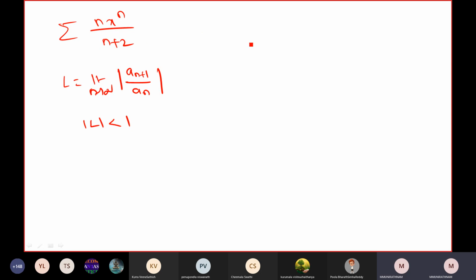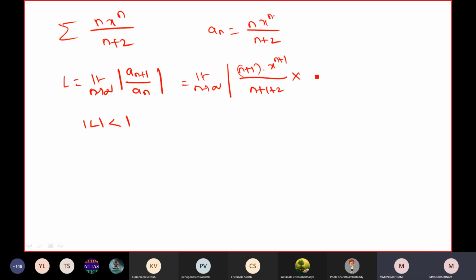So I'll go for a n. a n is n into x power n by n plus 2. Now what is L? L is the limit as n tends to infinity of mod (n plus 1) into x power n plus 1 by (n plus 1 plus 2), into (n plus 2) by n into x power n.